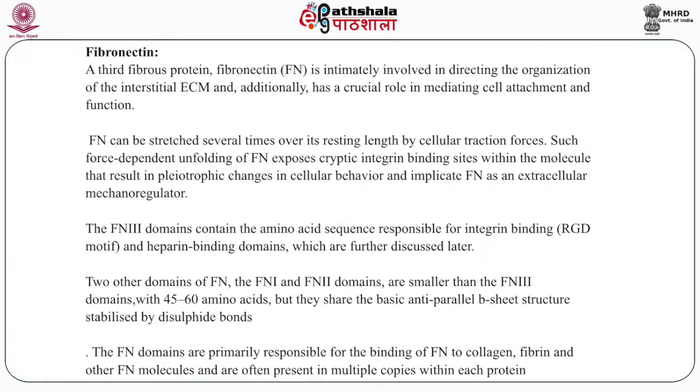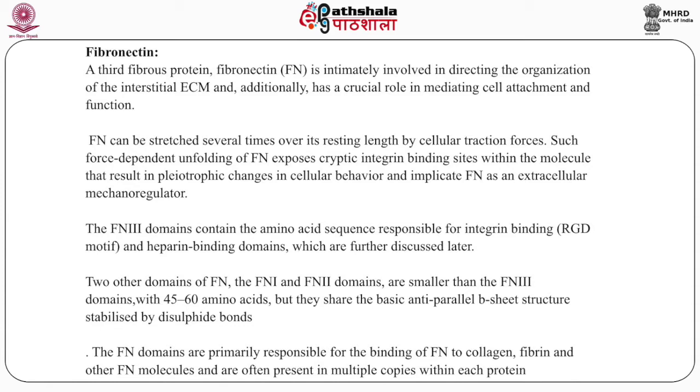The next group of proteins in the fibrous protein category are the fibronectins. A third fibrous protein, fibronectin, is intimately involved in directing the organization of the interstitial ECM and additionally has a crucial role in mediating cell attachment and function.